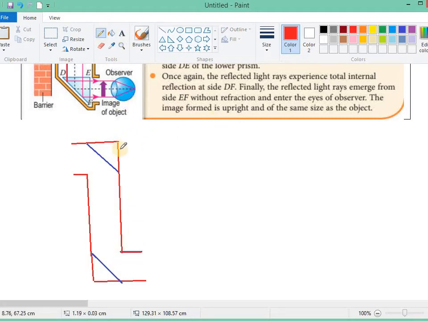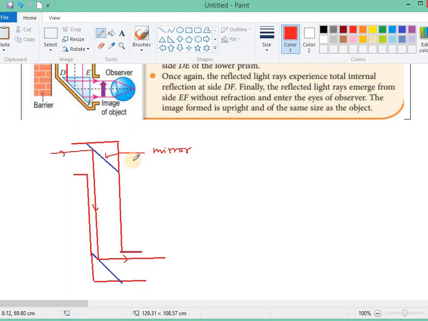If this is just a mirror, then the light can reflect, but the image will not be bright.